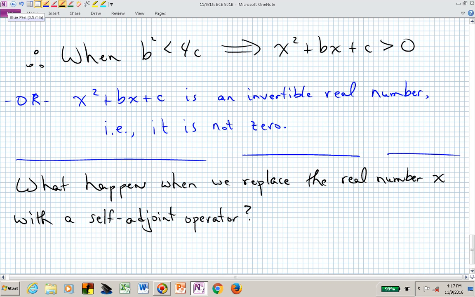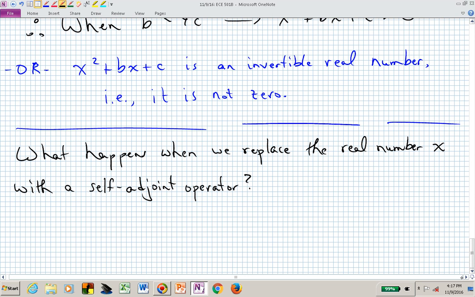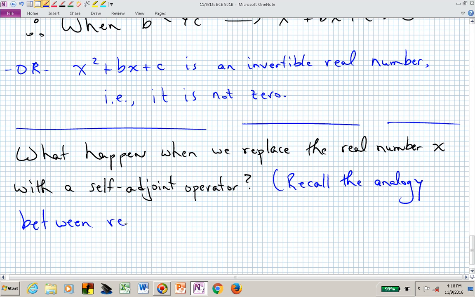We started with a scalar that was a real number, and remember this analogy. Here, let's go ahead and recall the analogy between real numbers and self-adjoint operators.